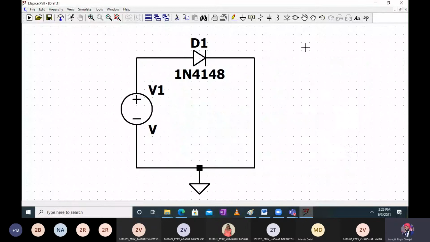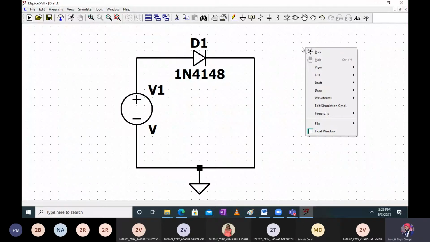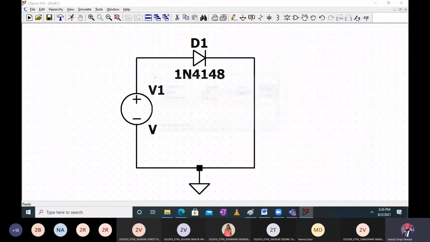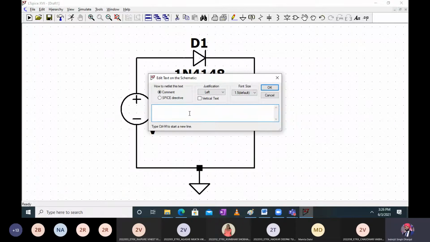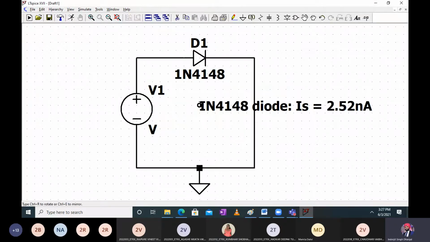2.52 nanoamperes. Let me write it somewhere. To write something, I can press on this and I can write: 1N4148 diode is having reverse saturation current, which is denoted by IS, 2.52 nanoamperes. This is just the information which I will have.